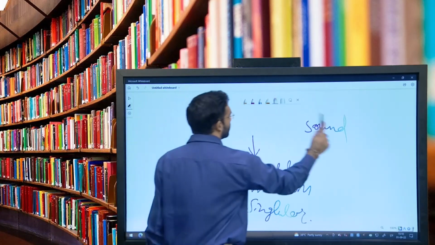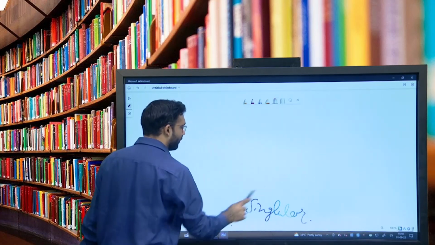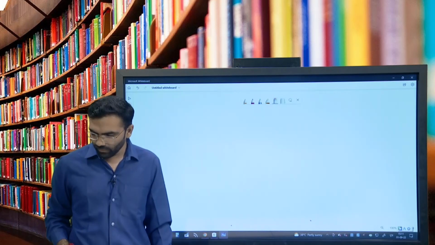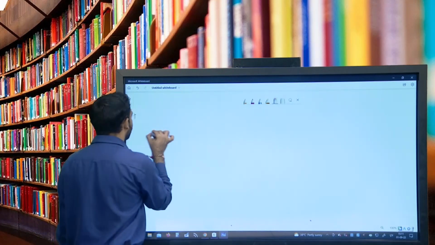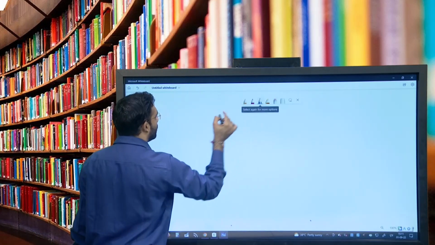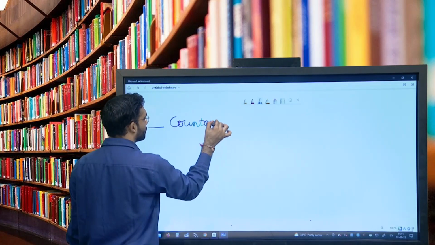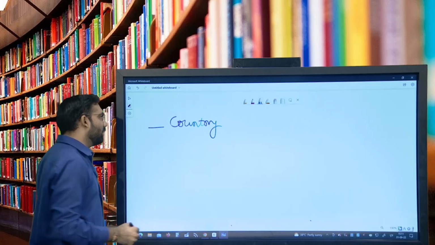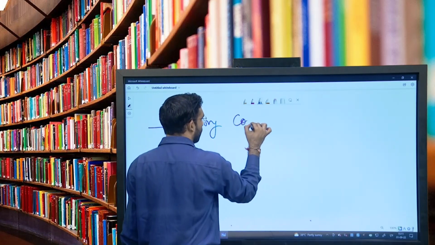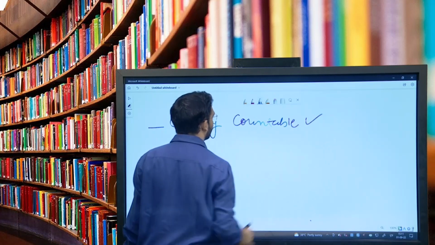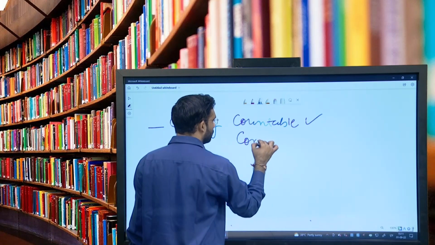Now we will look at some examples of where to use the indefinite article with countable nouns. Let's see that. First is country. Is it countable? Yes. Is it a common noun?